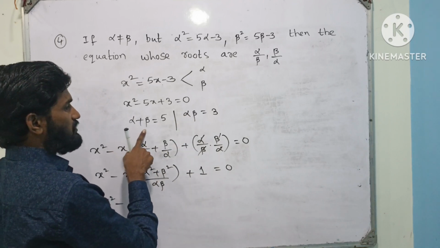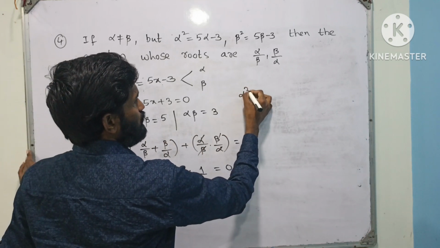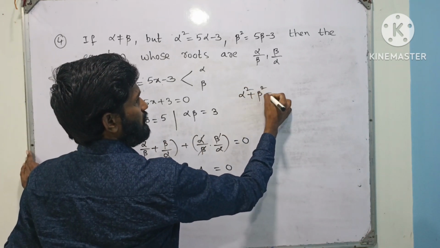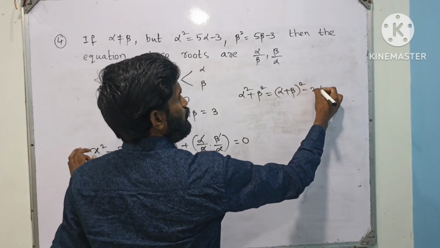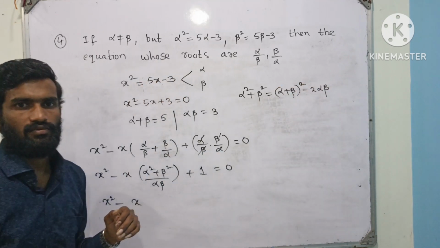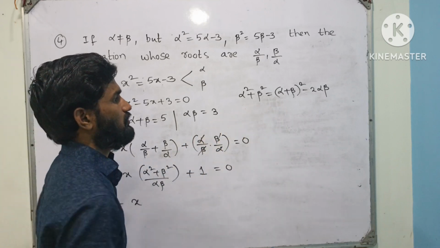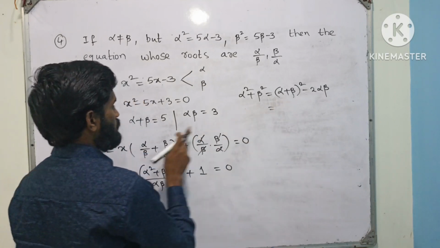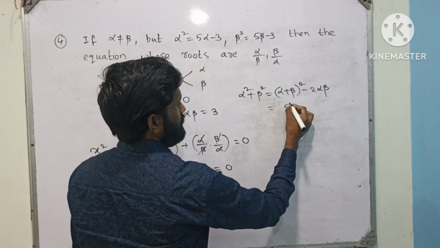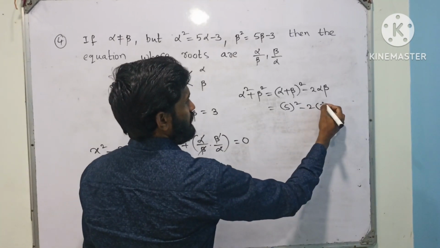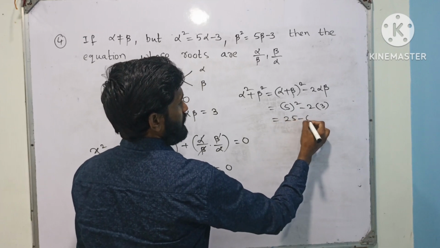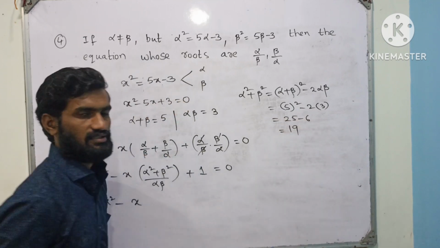So if I know alpha plus beta and alpha beta, I can easily solve for alpha square plus beta square. How we can solve? Alpha plus beta whole square minus 2 alpha beta. We already know from the identities. Now what is alpha plus beta whole square? Which is nothing but 5 square minus 2. What is alpha beta? Which is nothing but 3. Which is 25 minus 6, which is nothing but 19.